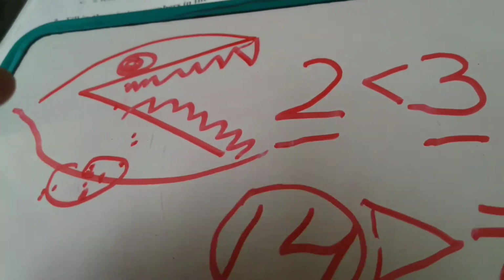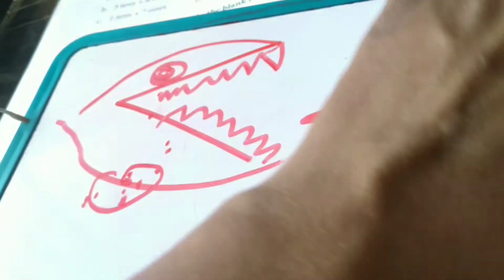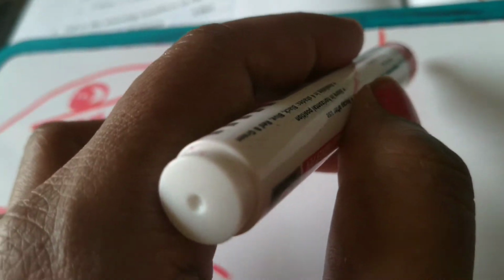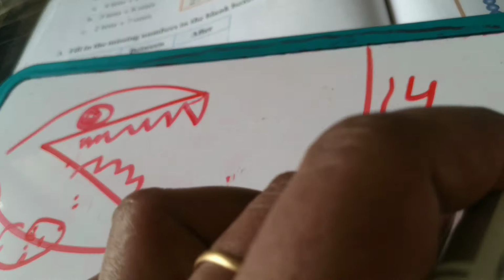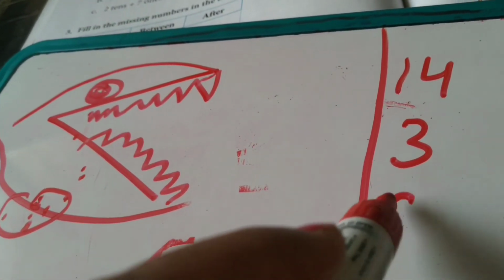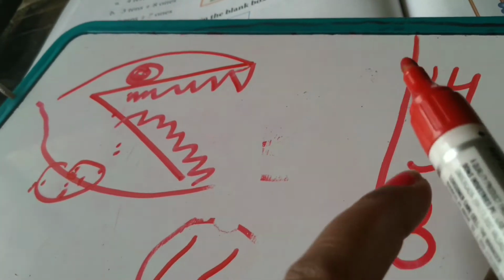In this greater than sign and smaller than sign, you have to remember always that you have to see the numbers. Suppose two numbers will be there, right? For example, you will have to compare 14 and 7, or 3 and 8, or else 3 and 1, right?